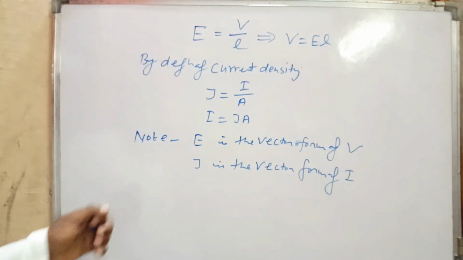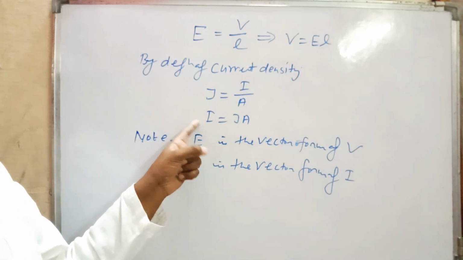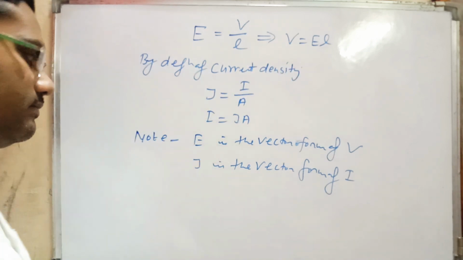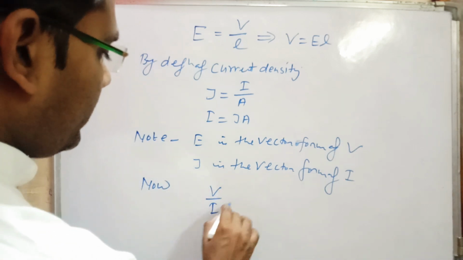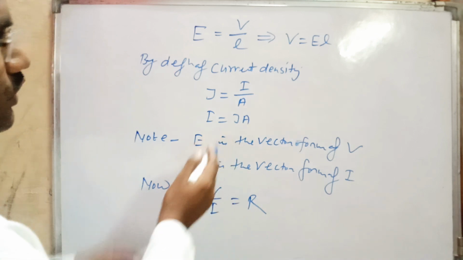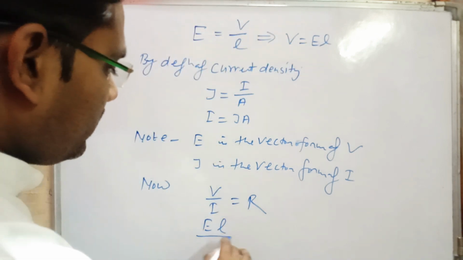Now we substitute the values of V and I in the scalar form of Ohm's law. V by I is equal to R. Now we substitute the value of V: V is equal to El, so this becomes El.